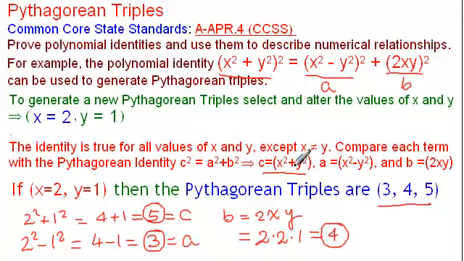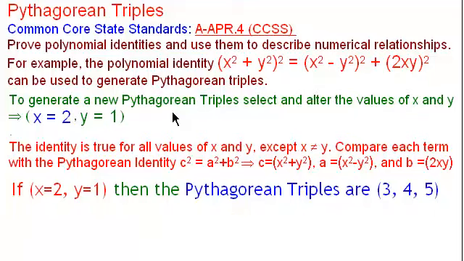If I change the value of x and y, we'll get a couple of other Pythagorean triples, and you can see what other triples we get. The next triple I'm going to find by changing the value of x.